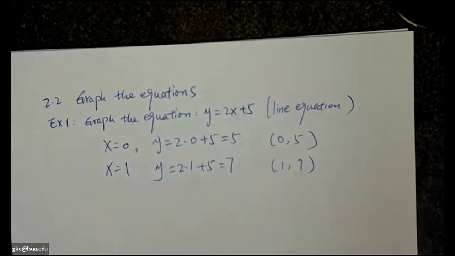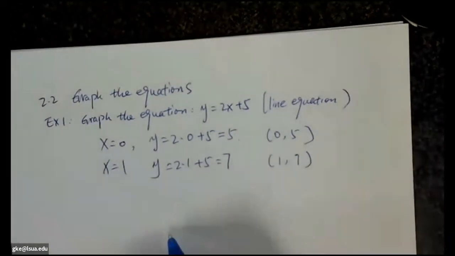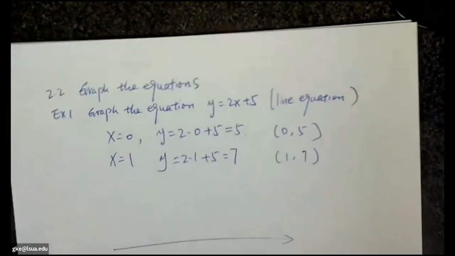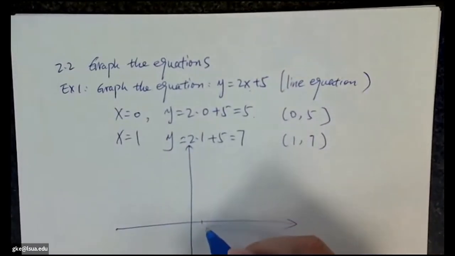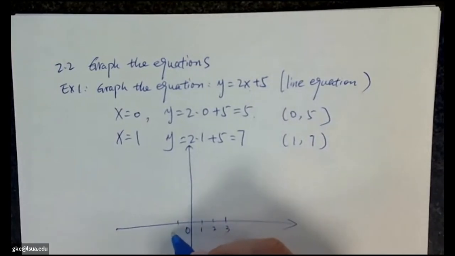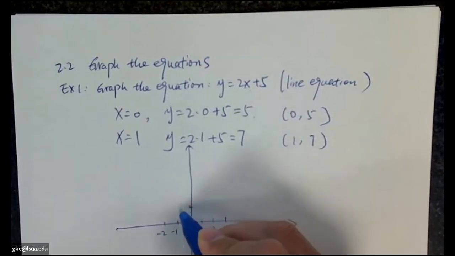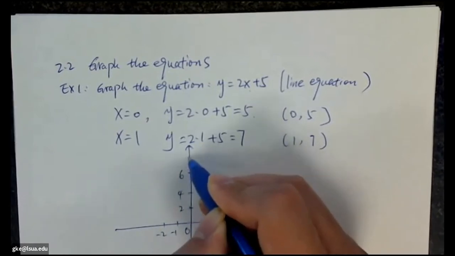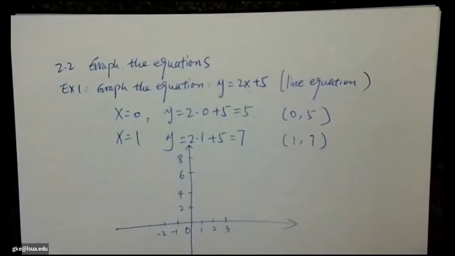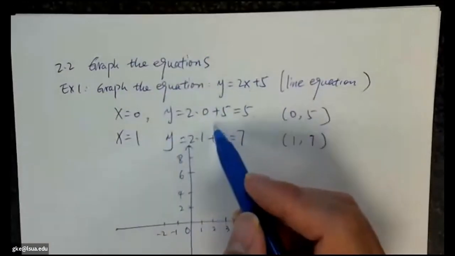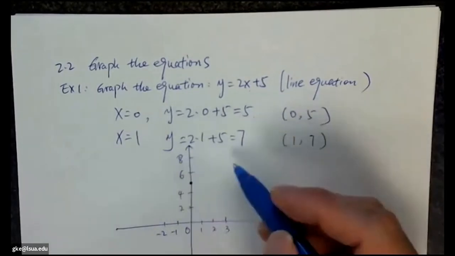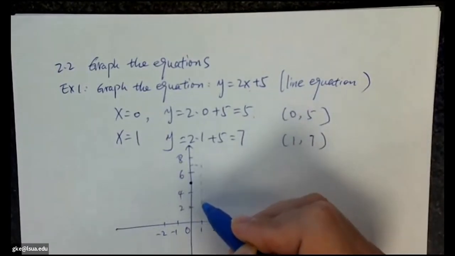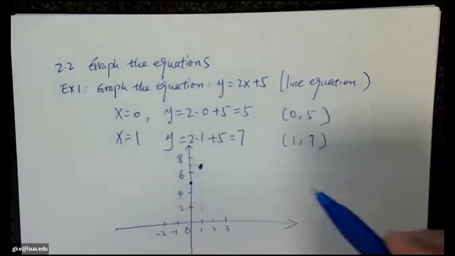Okay. So we have 2, 4, 6, 8. That is, 0, 5 is here. 1, 7 is here, right?